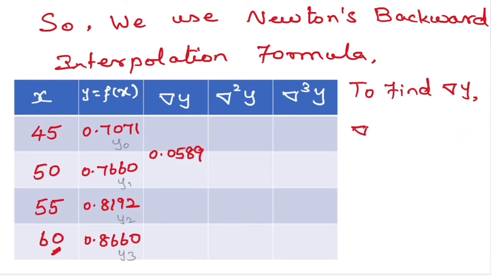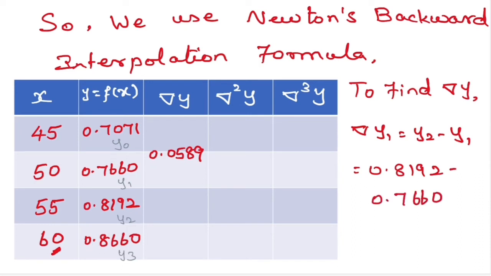The next, del y1, is equal to y2 minus y1. So that is equal to 0.8192 minus 0.7660, and the difference of these two is 0.0532.